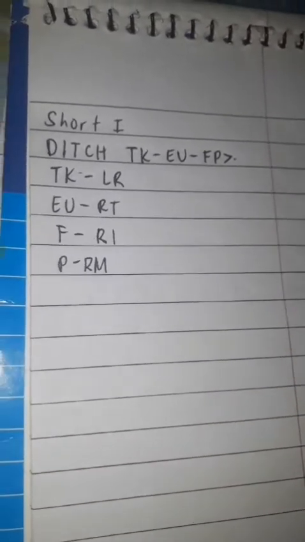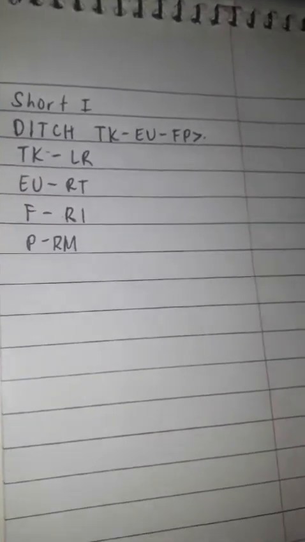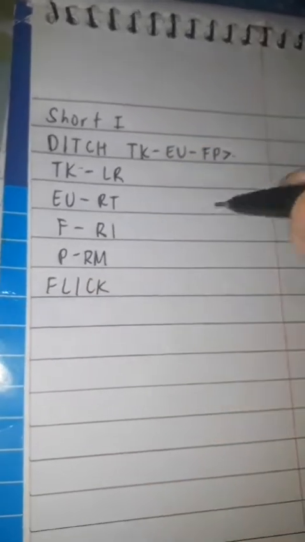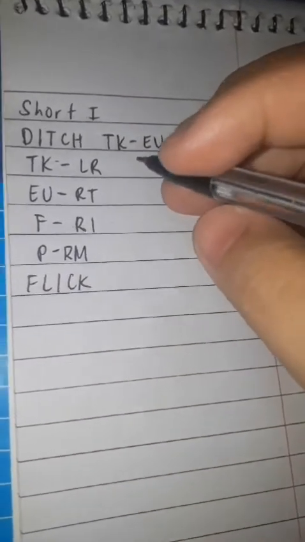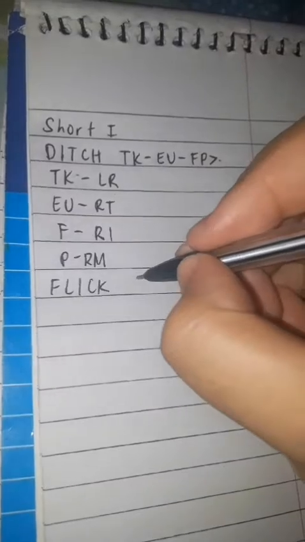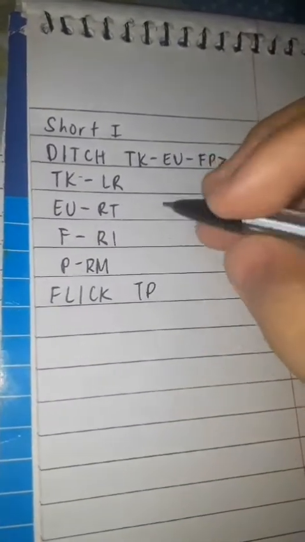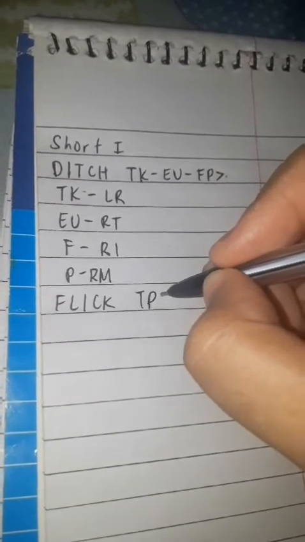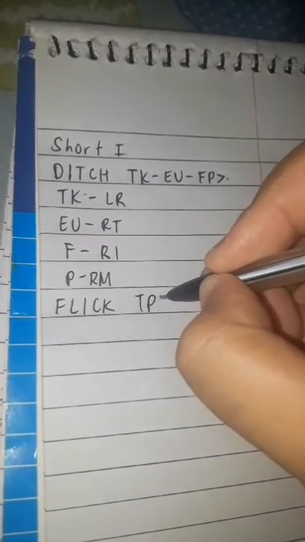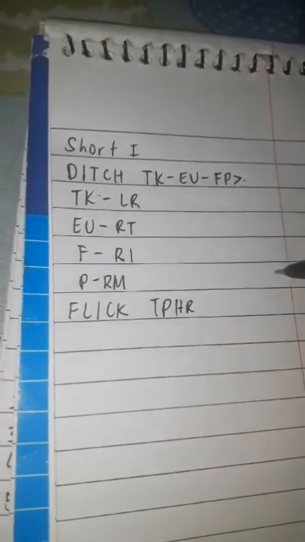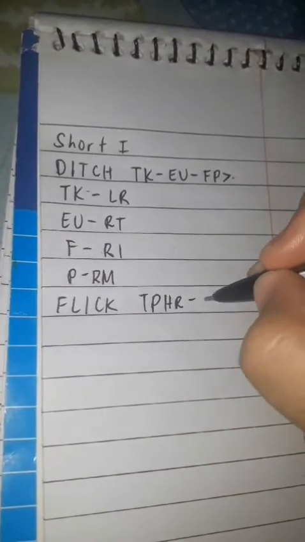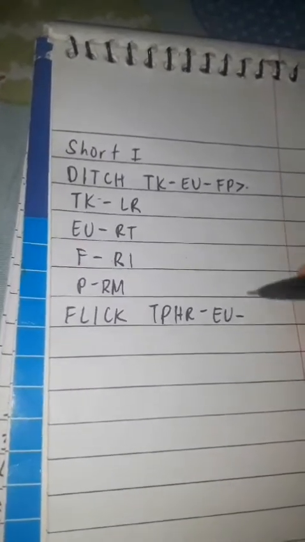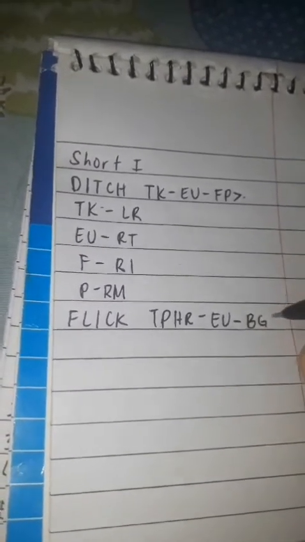So another example for short vowel I, we have the word flick. So the codes are initial letters TP for F, letter HR for L, vowel EU for short I, and ending letters BG for K, then release.